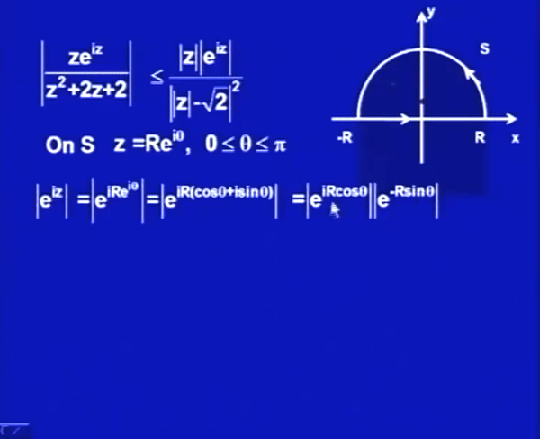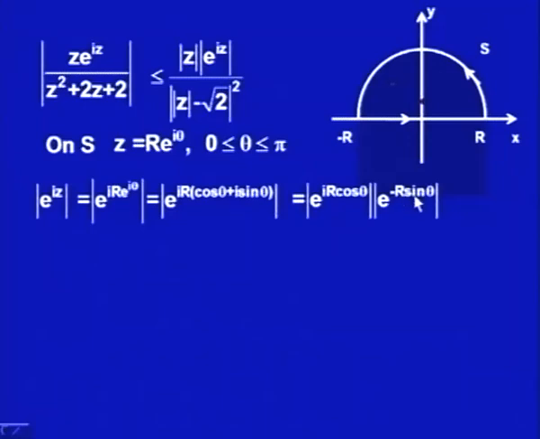Now, the absolute value of e to the power i r cos theta, whatever this e to the power i x is, its modulus is always 1, because by Euler's formula it is cos x plus i sin x, and sin square x plus cos square x is always 1. So this is 1, and r we are taking as a positive value.